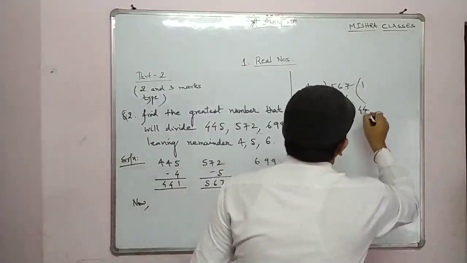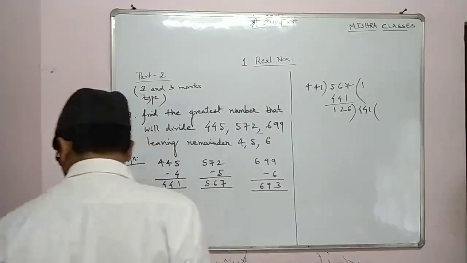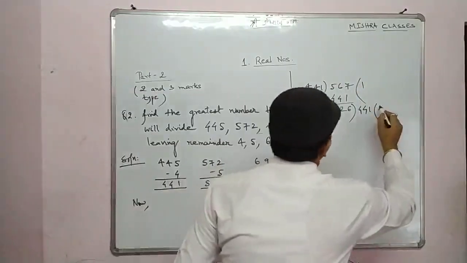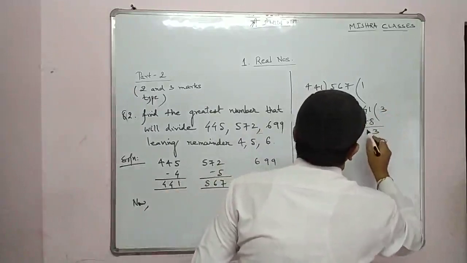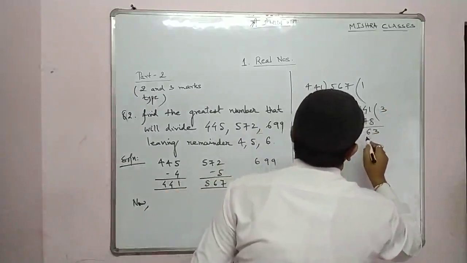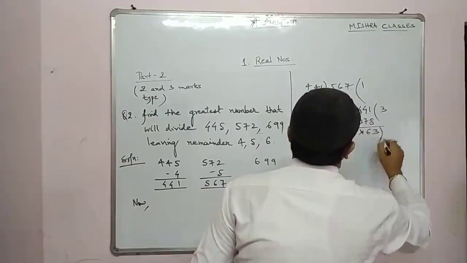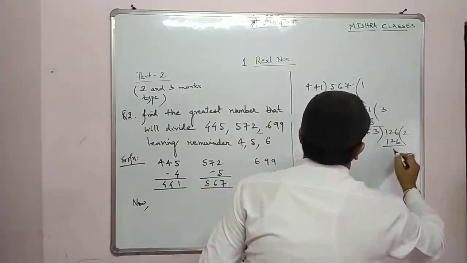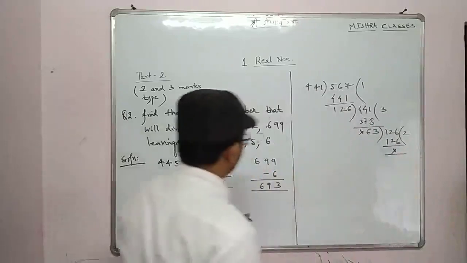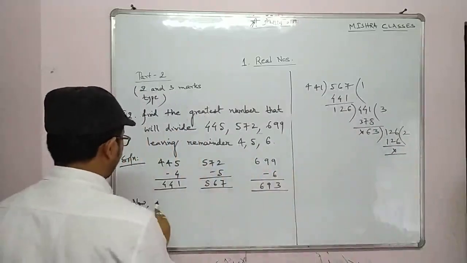Now this 441 will come here. 126 3 times will give 378. Now this is 63. Now 126 is here. 63 2 times is 126.